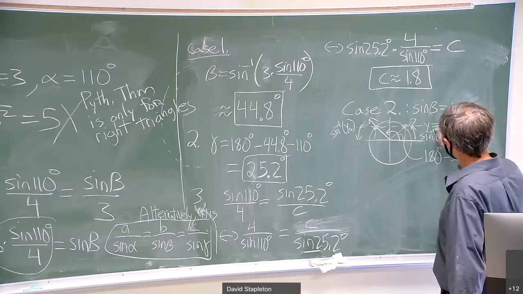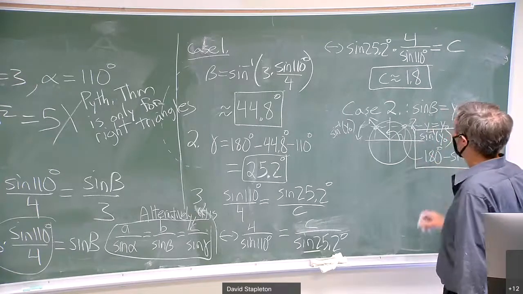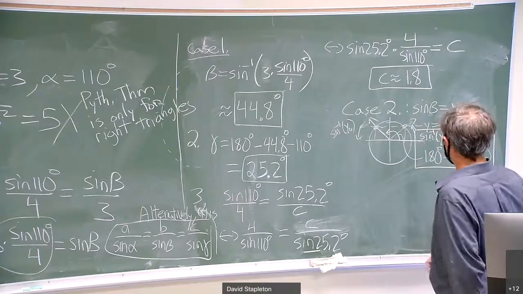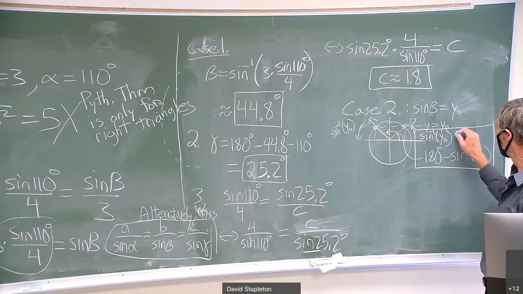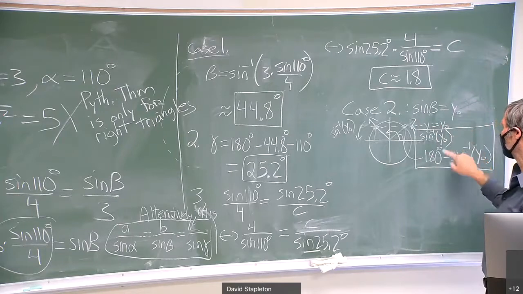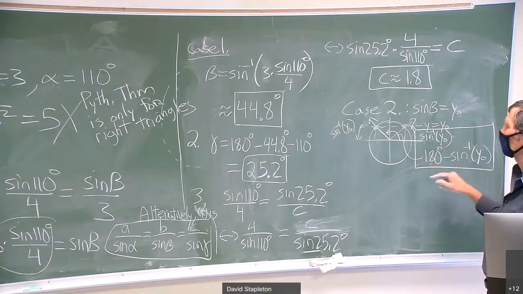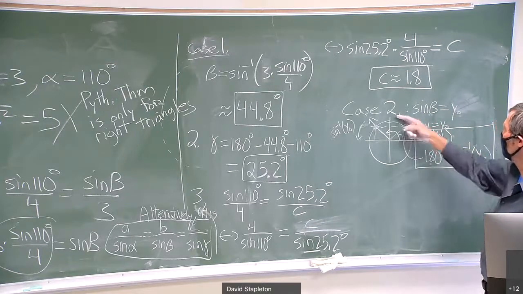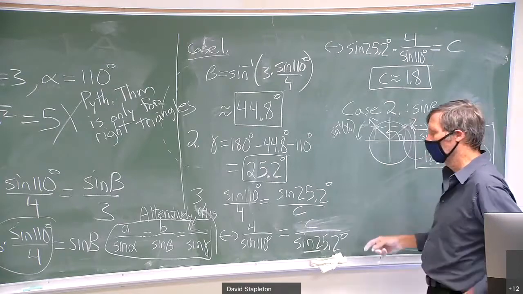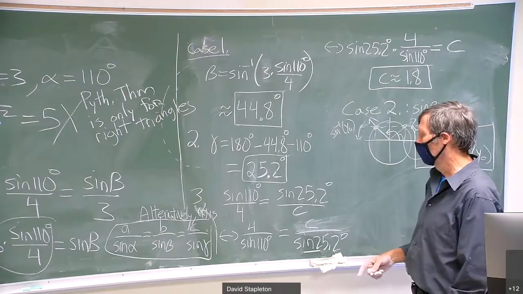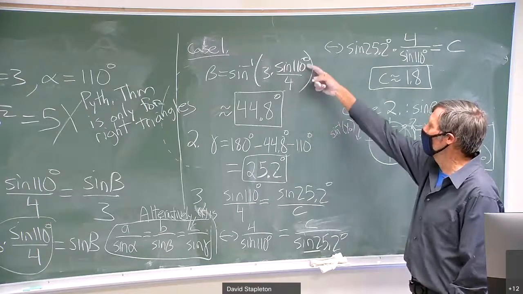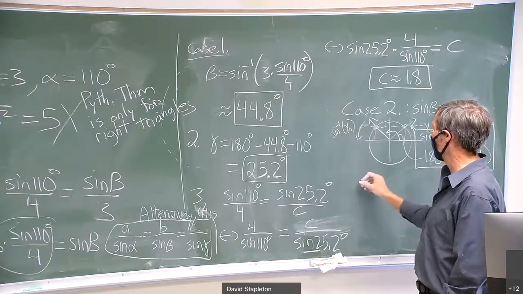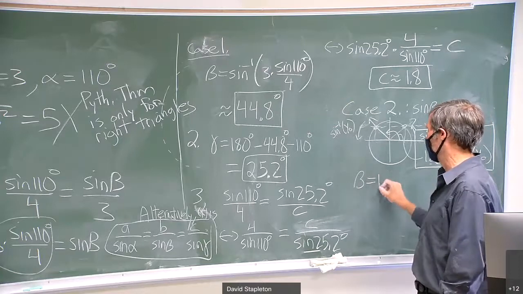So whenever you apply the law of sines to a case that has a solution, there's 2 cases: the arcsine and 180 minus the arcsine. So now I'm going to say case 2: instead of saying beta is the arcsine of 3 times sine 110 over 4, the other case is that beta equals 180 minus that number.